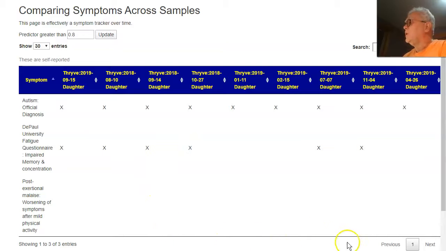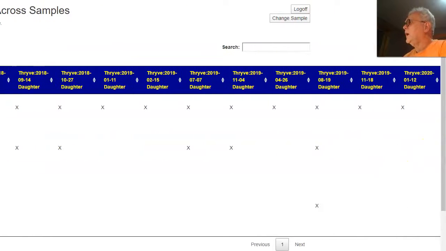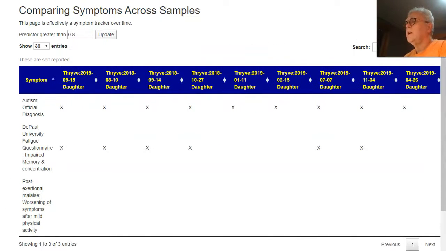And when you look across, you can see where a symptom drops below the threshold and stays there, or appears and then disappears, and just one symptom suddenly has become significant.